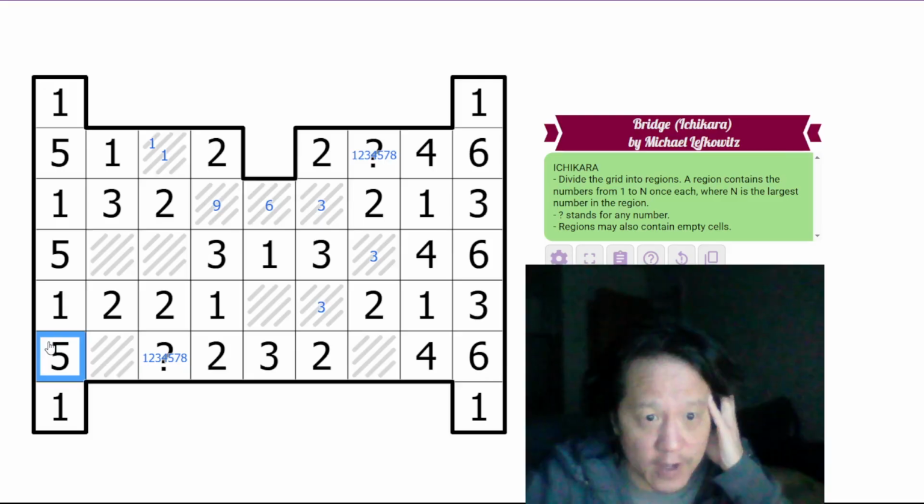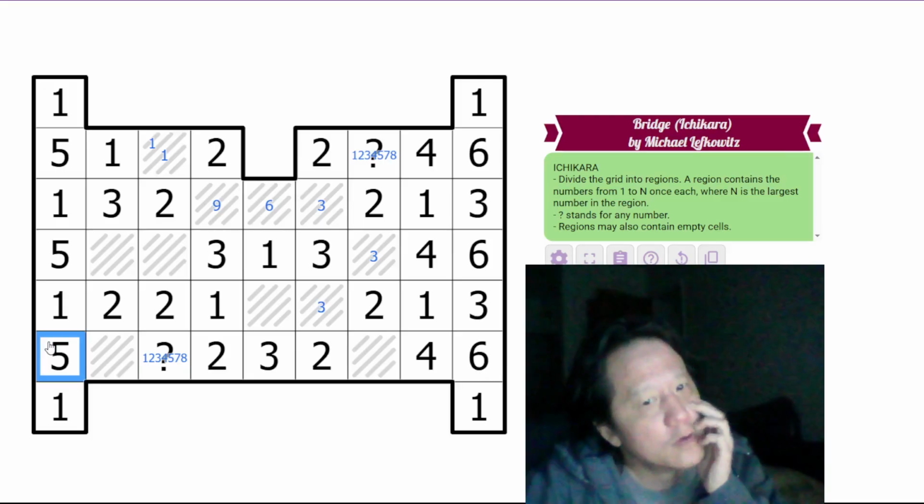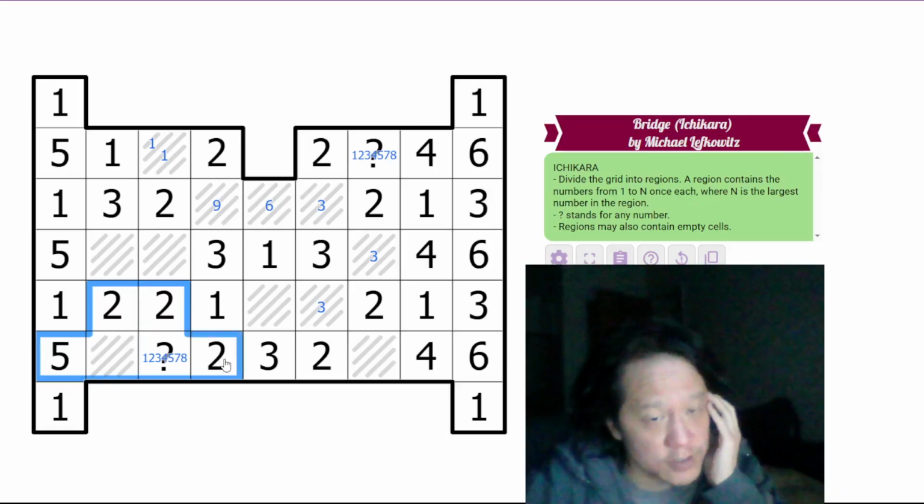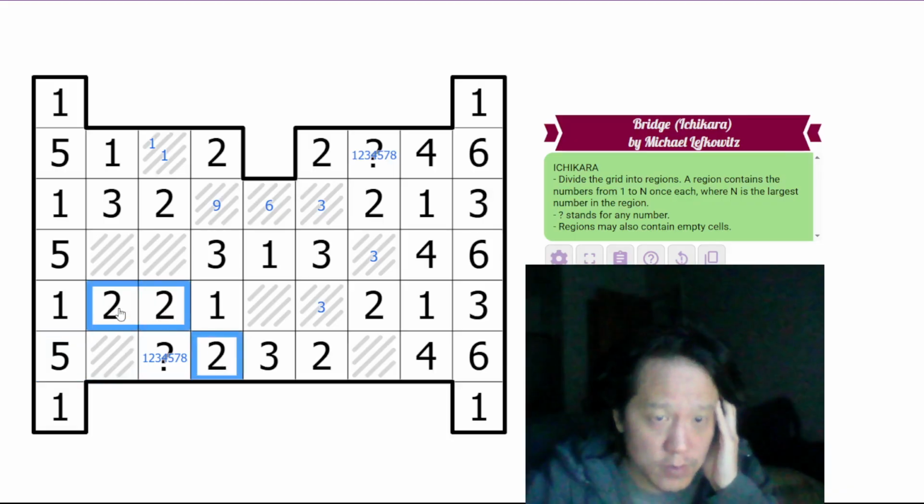Okay, this 5 can be accessed through 1. Okay, no, it can't be accessed through 1. It definitely has to be accessed through a 2. So, if that's the case, interesting.